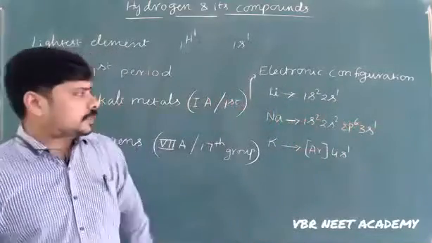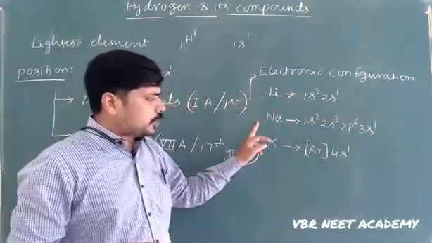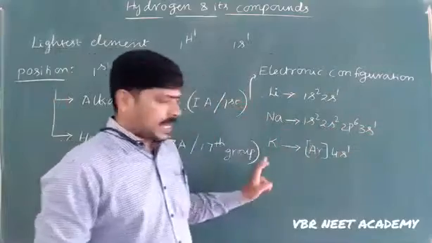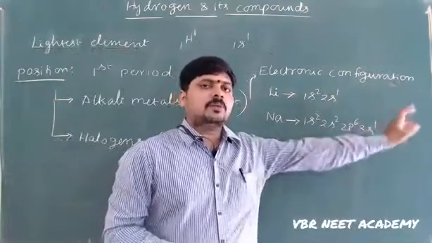Now the electronic configuration of lithium is 1s2, 2s1. For sodium it is 1s2, 2s2, 2p6, 3s1. For potassium it is 1s2, 2s2, 2p6, 3s2, 3p6, 4s1.